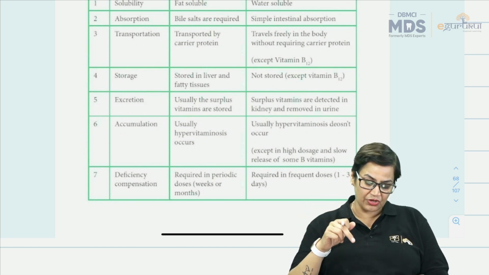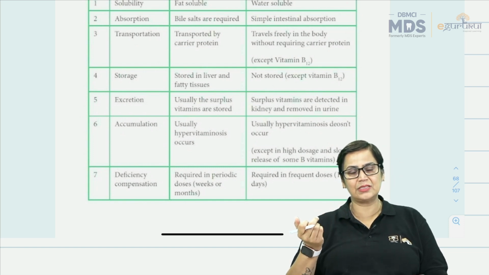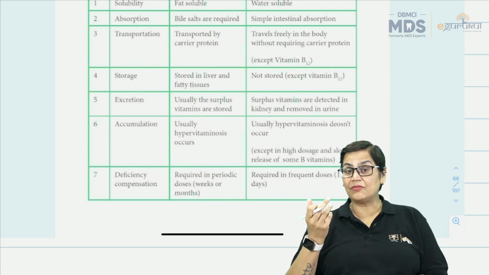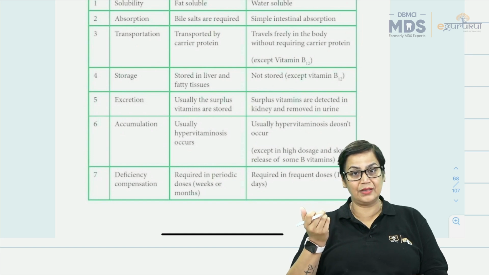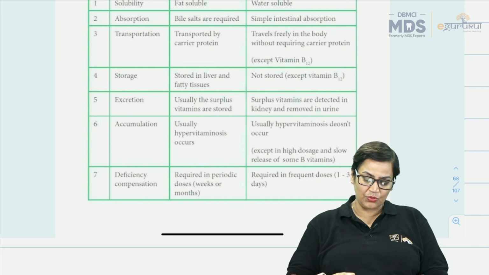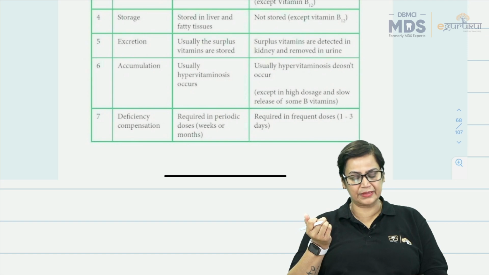It is required in periodic doses for fat-soluble, whereas it is required in frequent doses for water-soluble. The reason is that the majority of the B complex vitamins function as coenzymes. So this is a very interesting table between water-soluble and fat-soluble vitamins.